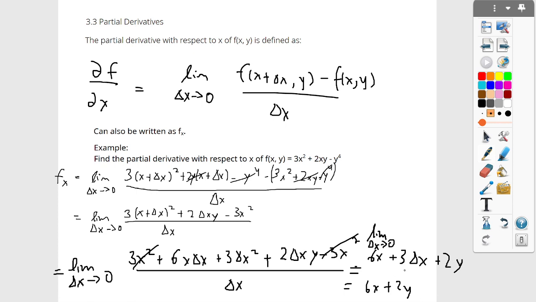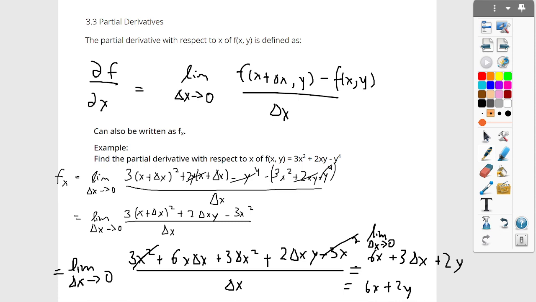If you take a closer look, the y is actually a constant in this expression. So the derivative of y to the fourth, the derivative of a constant in this case, because it's not with respect to y but with respect to x, just disappears. The y to the fourth is treated as a constant.